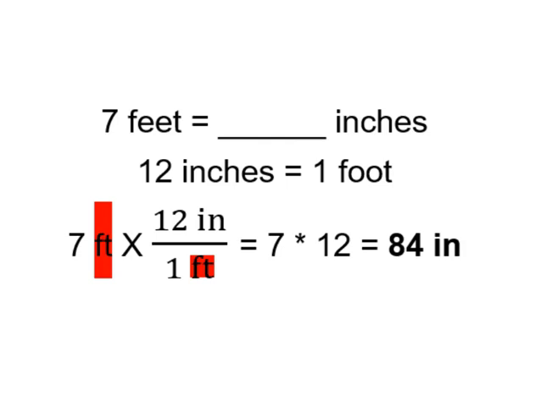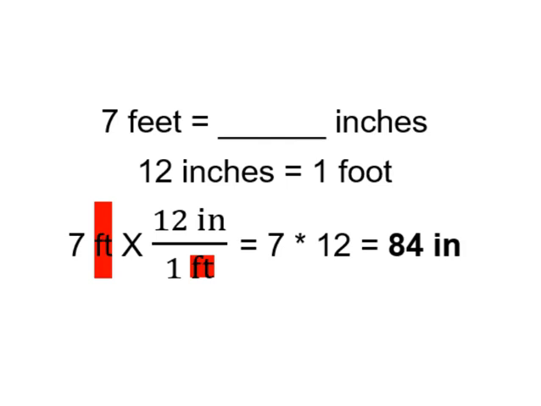Since 7 feet, if we put it in fraction form, is in the numerator, the 1 foot has to be in the denominator so that the feet can be canceled out. Once we cancel those out, we multiply 7 times 12, and that is equal to 84 inches. So 7 feet is equal to 84 inches.